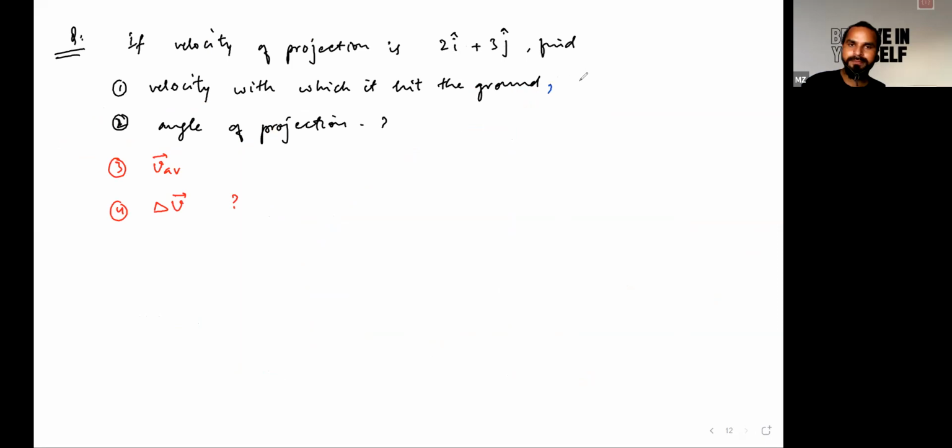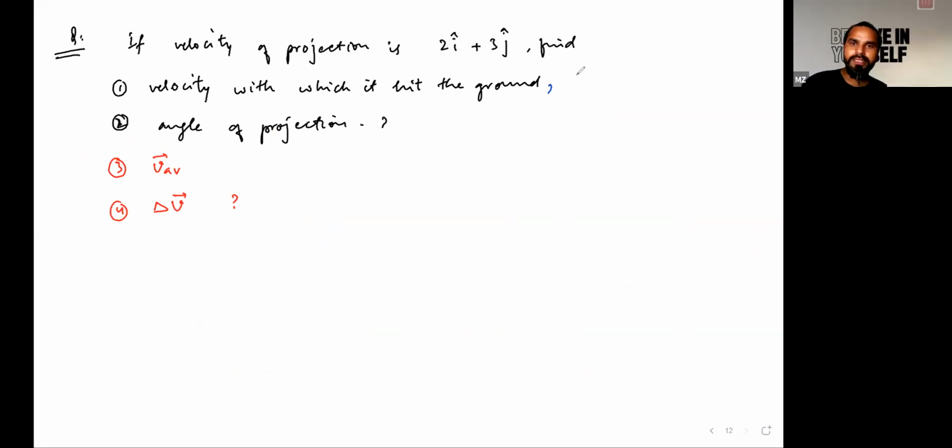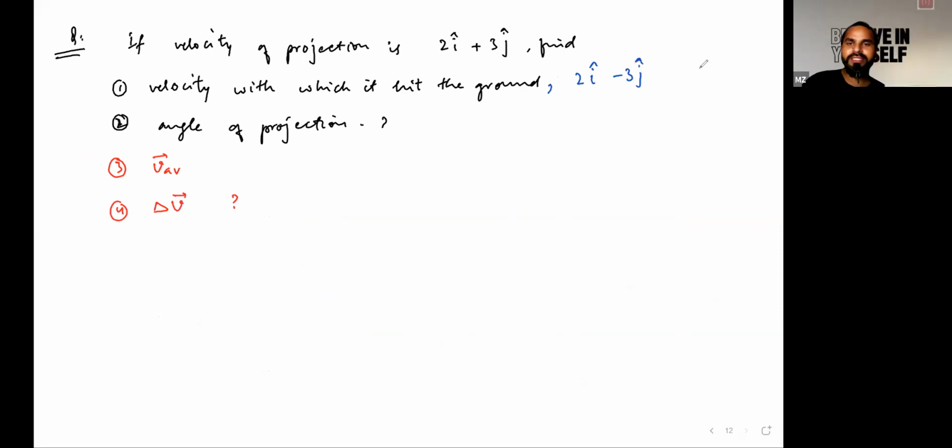Hiba, tell me. U cos theta i cap, which is equal to 2, so we can write 2i cap. The next, there will be a negative sign in the y component, minus 3j cap. Good. So this would be your final velocity.